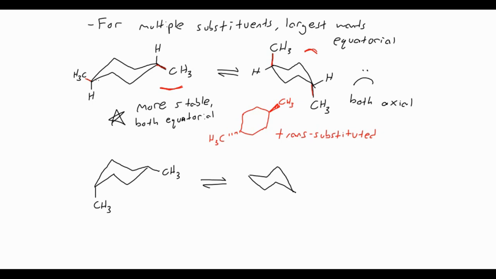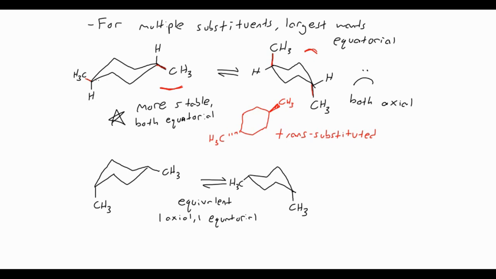So now we're going to have, remember, flip to axial from equatorial, and then flip to equatorial from axial. So these are equivalent because in both of our cases we have one axial methyl and one equatorial. So this is going to be a 50-50 split between those two conformations. Equilibrium will not favor one side or the other.